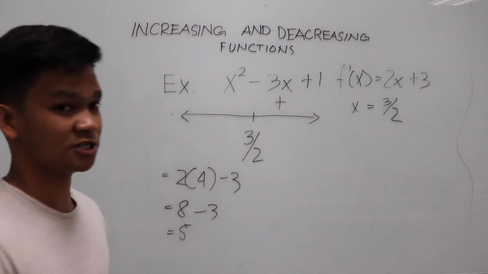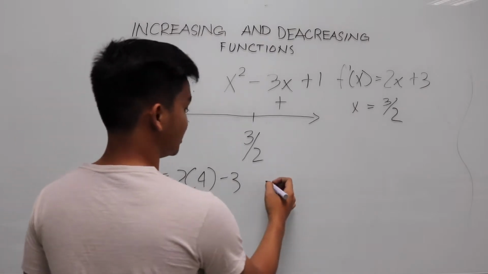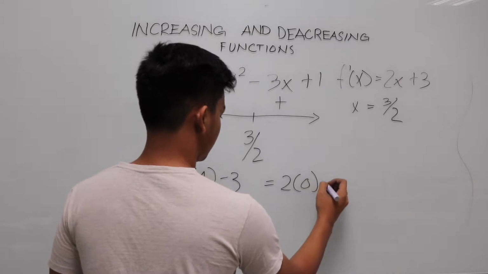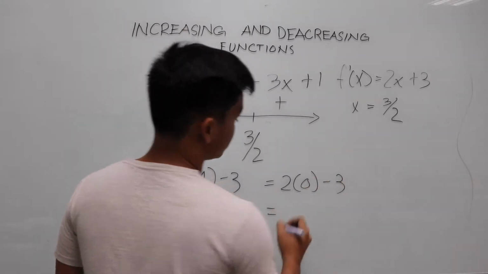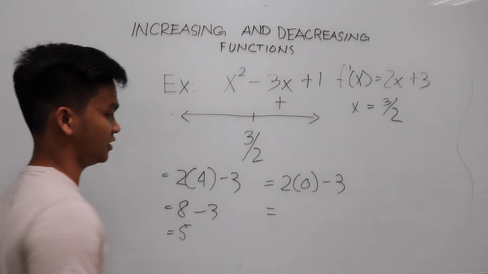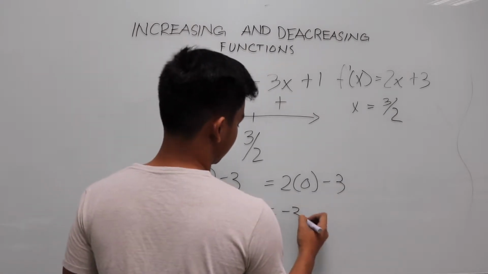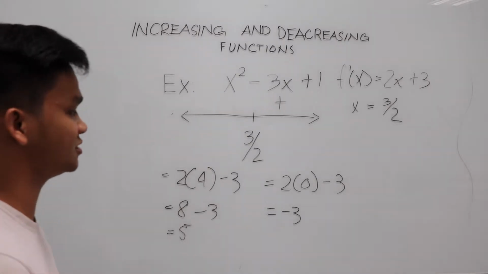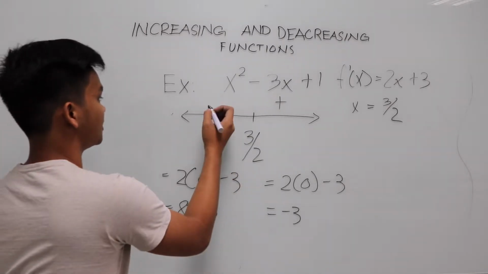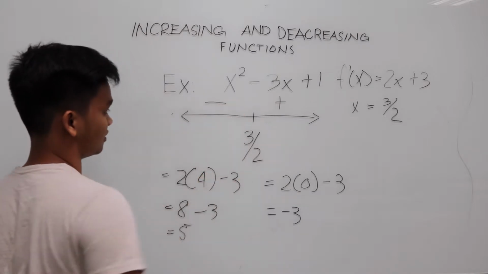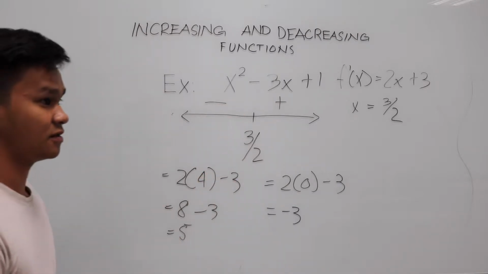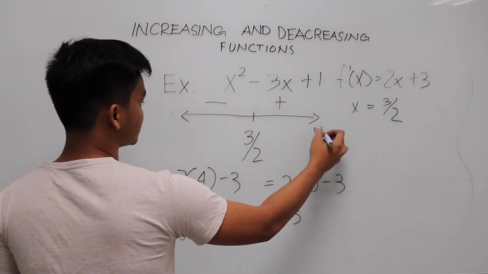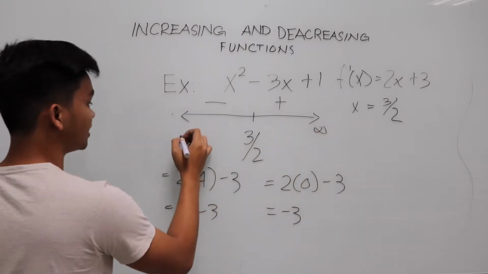Now let's pick a number that's less than 3/2. Let's say 0. So plug it in. 2 times 0 is 0, and so the answer is negative 3. Since x less than 3/2 is negative, we can put negative here. Now, for us to write the interval, let's put positive infinity on the right side and negative infinity on the left side.